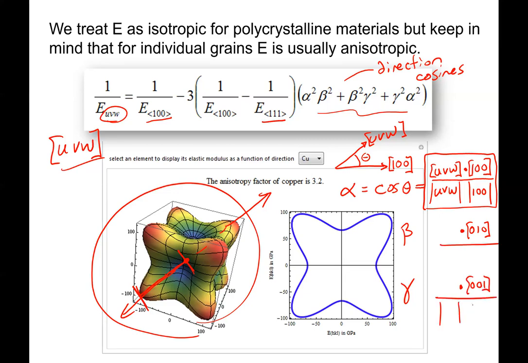Okay. So these would be the magnitudes again, UVW. All right, so you get the idea. And then the magnitude of these are again just 1. All right, so that's the beta and that's the gamma.